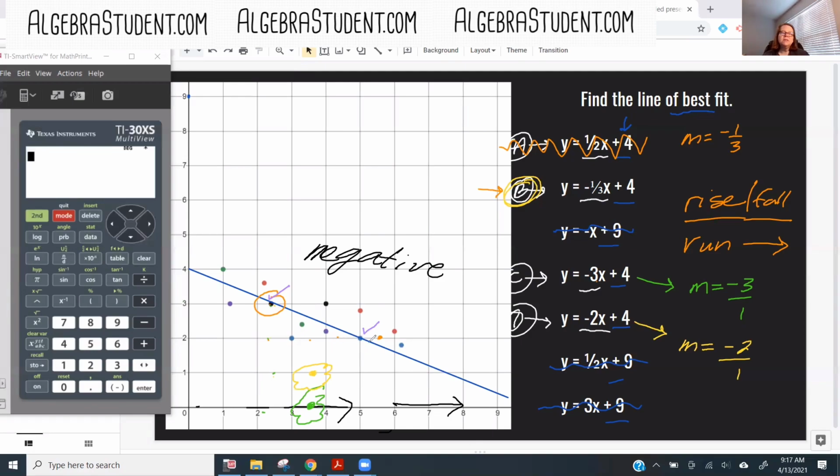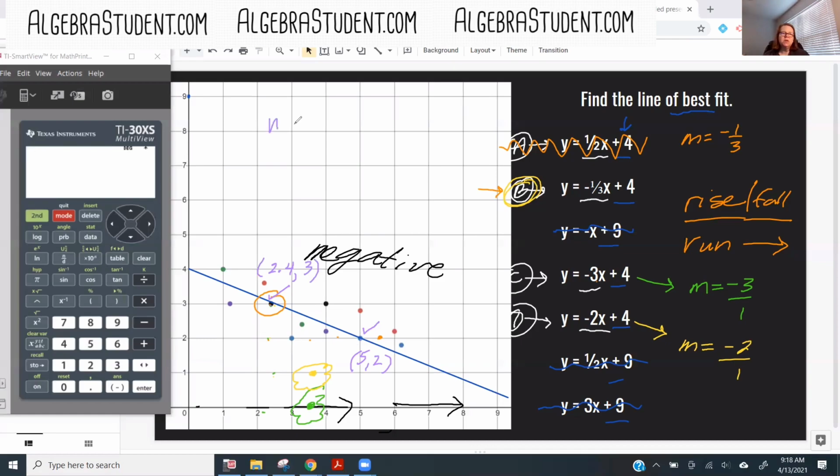This is at 0.52. It appears to be pretty much on those cross marks. And this, I'm going to have to estimate. It's between 2 and 3, not quite halfway there, so I'm going to call that 2.4. And then it's up 1, 2, up 3. Okay, so those are my 2 points.